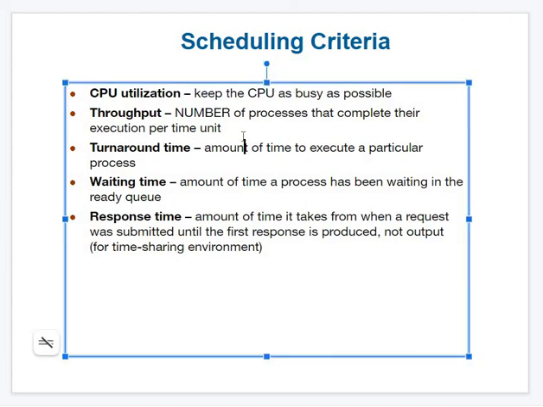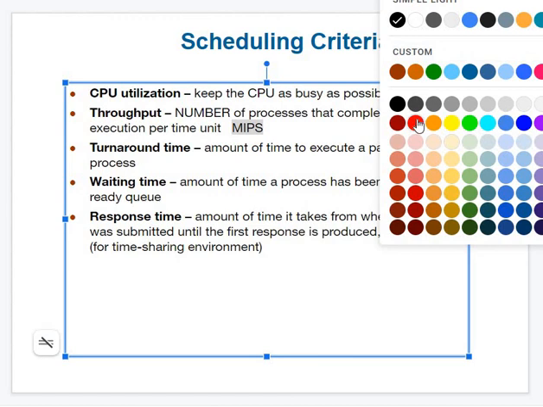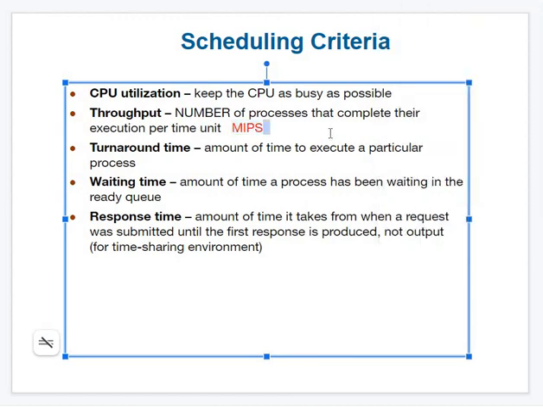I hope you all remember the unit MIPS. Let me type here, million instructions per second. That means the computer is able to do 1 lakh, or some lakhs, like 2 lakh, 3 lakh, 10 lakh works in 1 second of time. So that is called throughput.